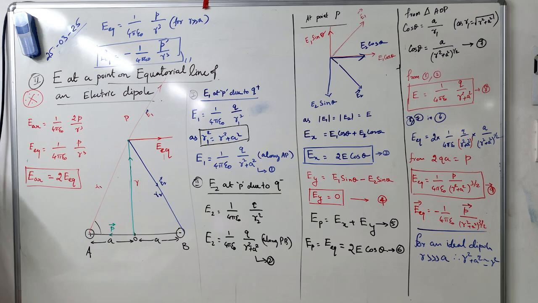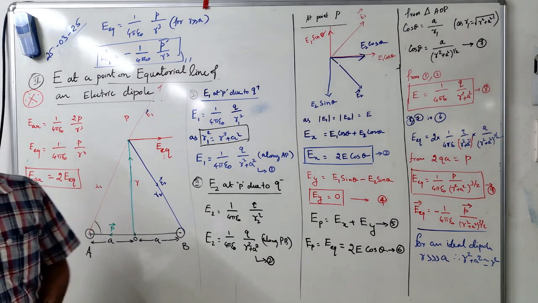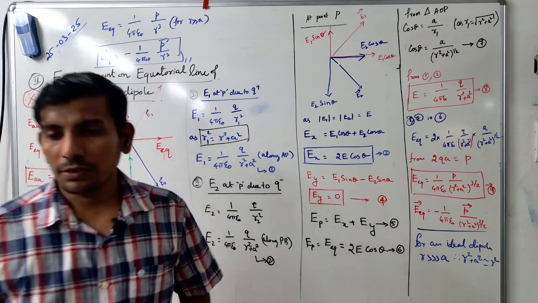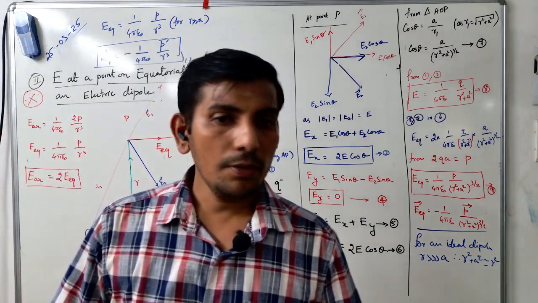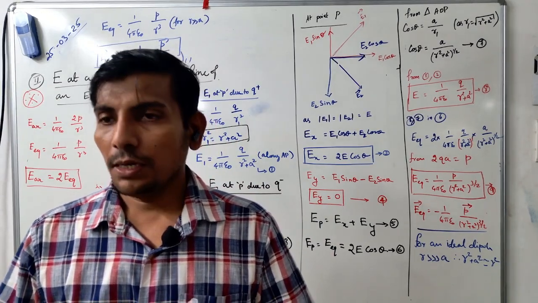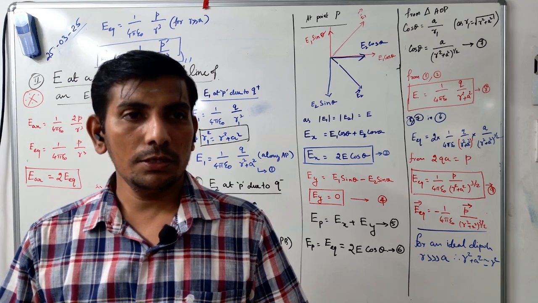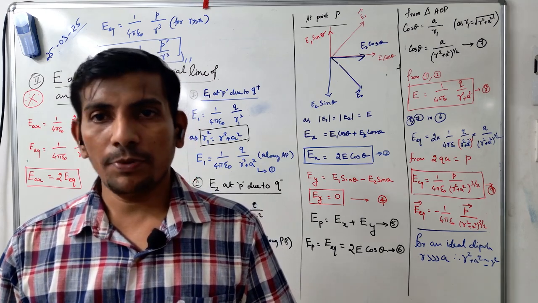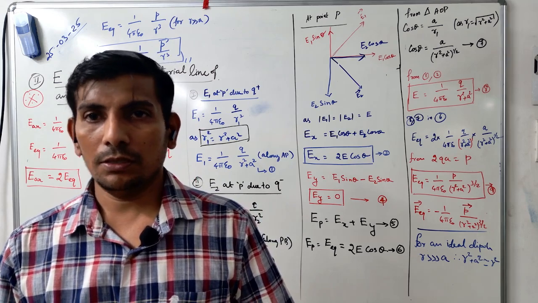Can we proceed? That's it. So for today, we have completed the E along the axial line and E along the equatorial. It's a very important question. Make a note of it. Almost your first chapter is over. So we will give a complete revision on Thursday. Then we will solve the most important problems from this topic on Thursday.